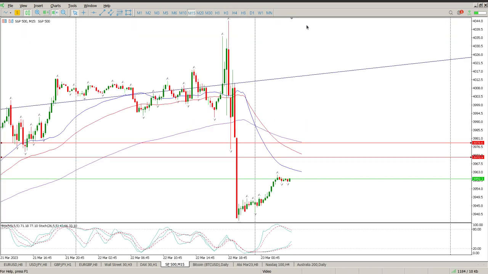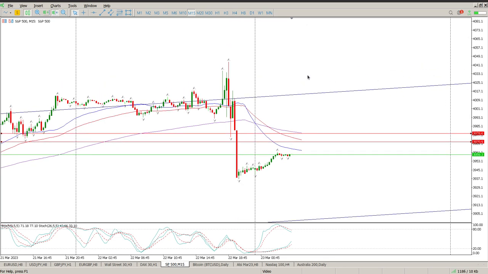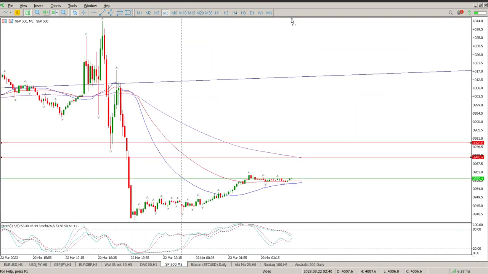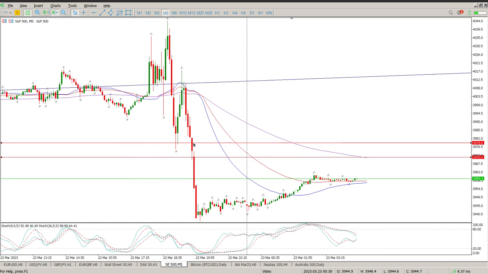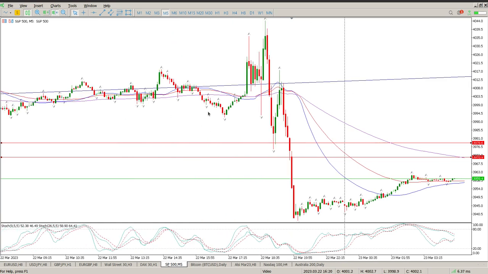We're going to need to get down to the 15-minute, in all honesty. You can see there is structure here on the 15-minute, and the moving averages are crossed over. So this is the zone I'm paying attention to, 39.70 and 39.78. I just want to drop one lower to the 5 minutes to pick up this gap. There's another gap there.